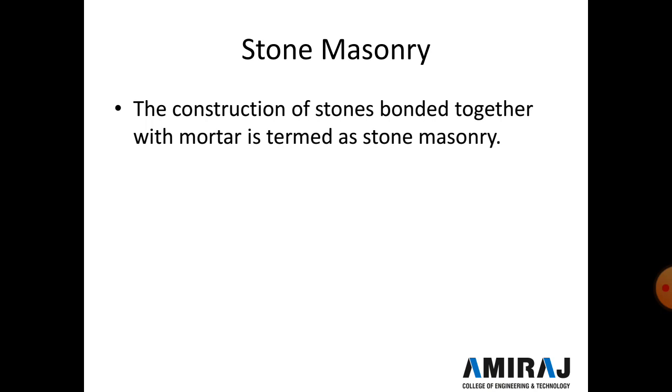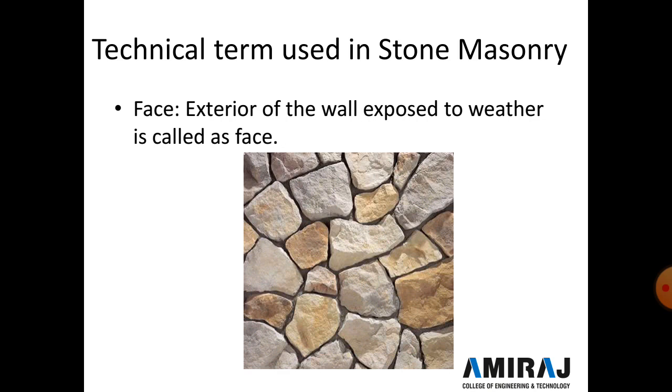In that area we use stone for masonry work, and we easily cut them, polish them, and after dressing make the stone masonry. Now here are some of the technical words used in stone masonry. One by one we discuss all the technical terms.